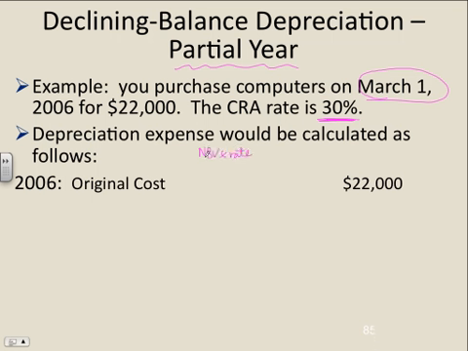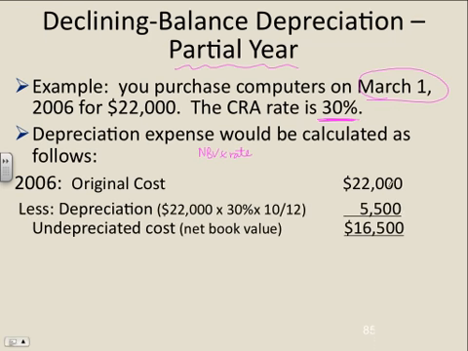Because it's the first year, we know the net book value equals cost, because net book value's formula is cost minus accumulated depreciation, and there's no accumulated depreciation. So net book value times our rate.